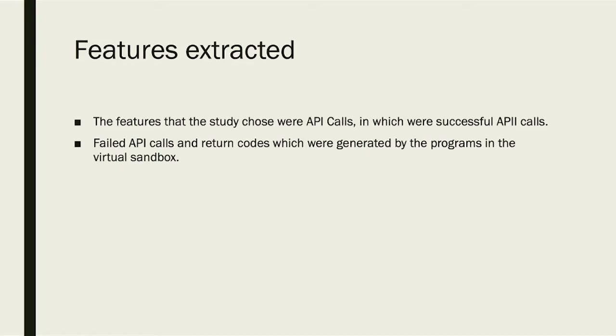For the features, the study chose API calls, which were successful API calls, failed API calls, and return codes, which were generated by the programs in the virtual sandbox that the study was using.